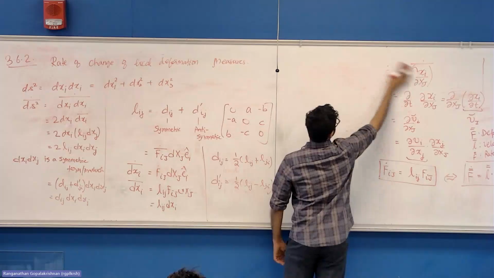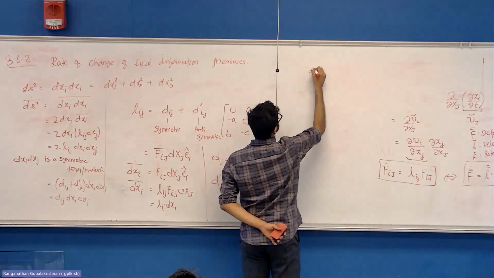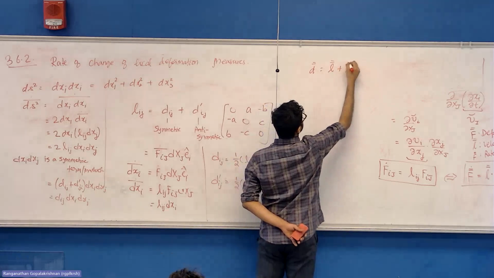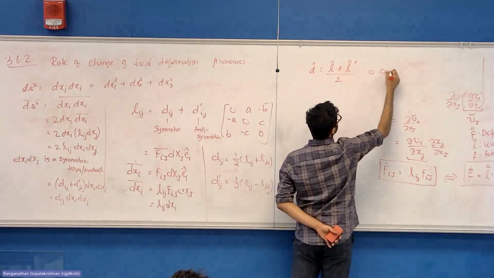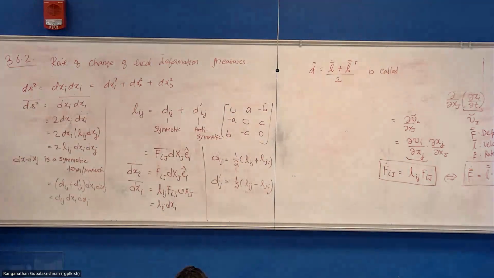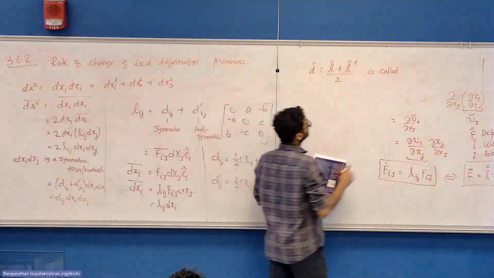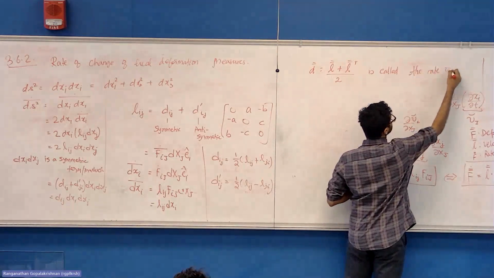So d, which is defined as L plus L transpose divided by 2, is called, are you ready for this?